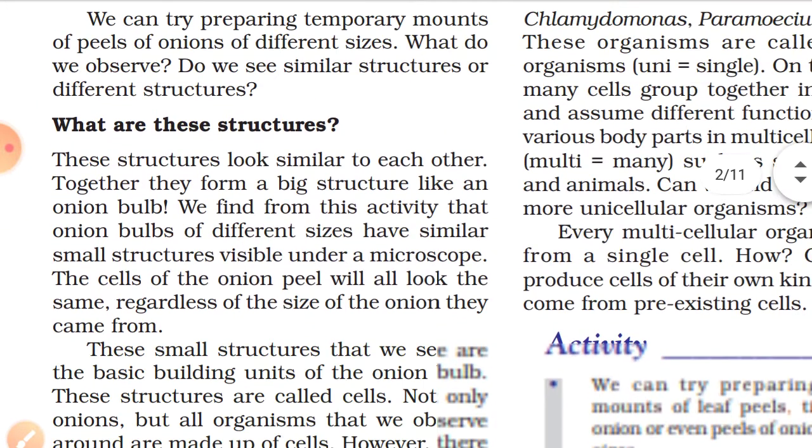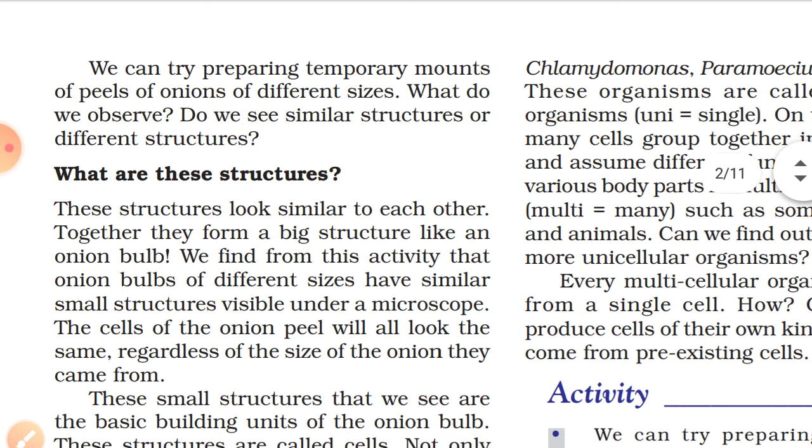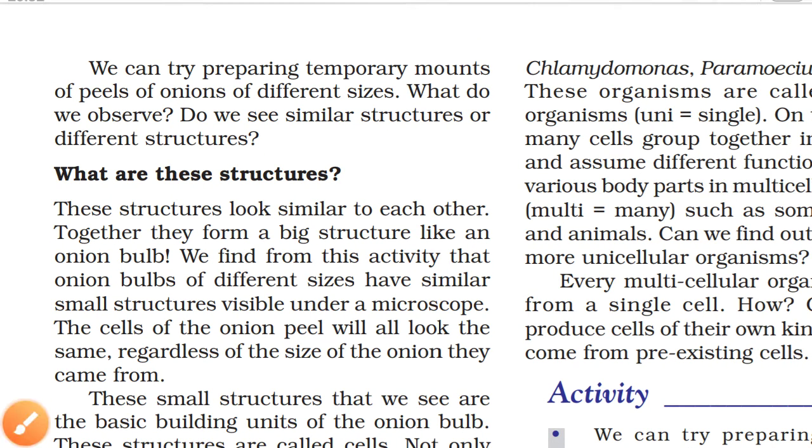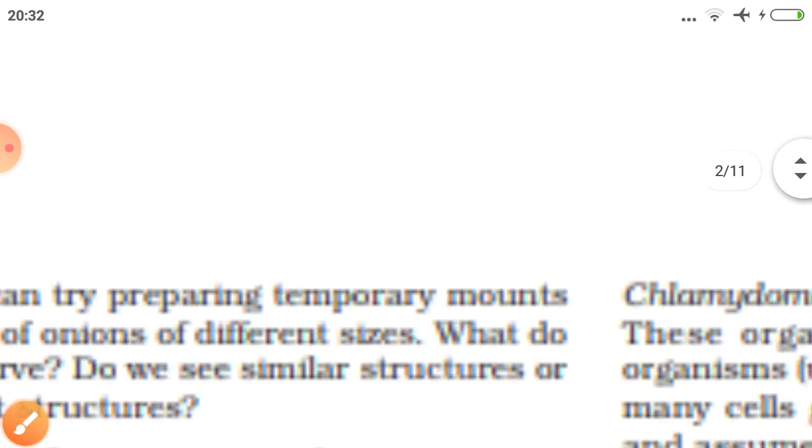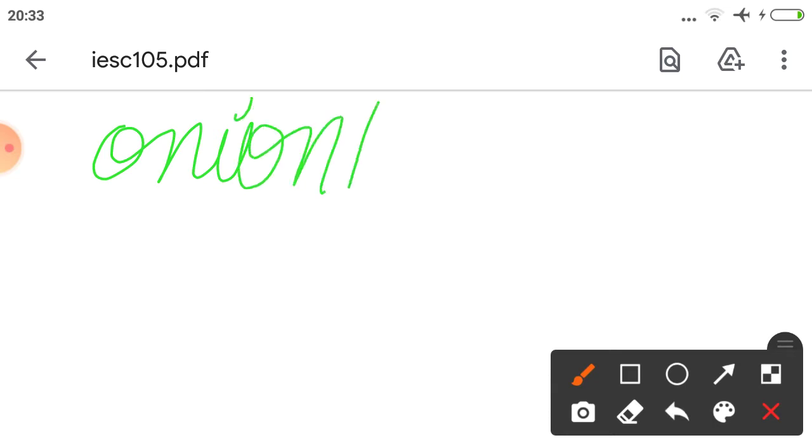So let me tell you about the activity. I am not reading it, but I know what the activity is. Let me take a white sheet to display. We are taking an onion bulb, taking a thin slice of it and staining it with methylene blue solution or iodine solution.